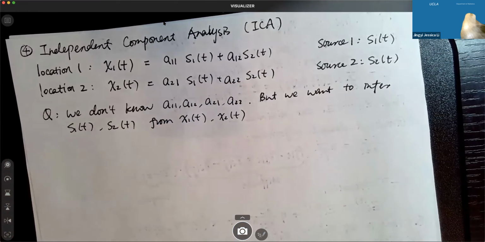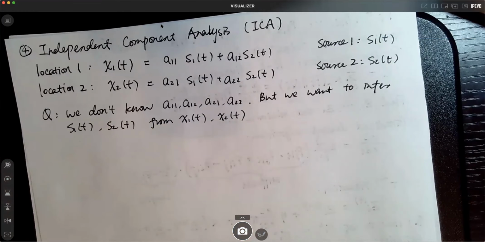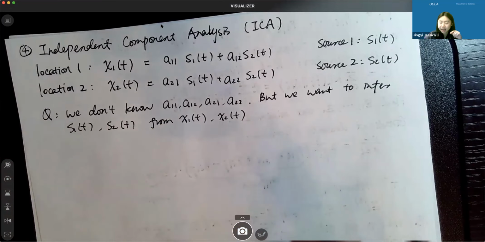Right, so you can see that if there are no assumptions on the S1t and S2t at all, the problem is what we call unidentifiable. There are an infinite number of possible solutions of S1t and S2t to solve it, right?